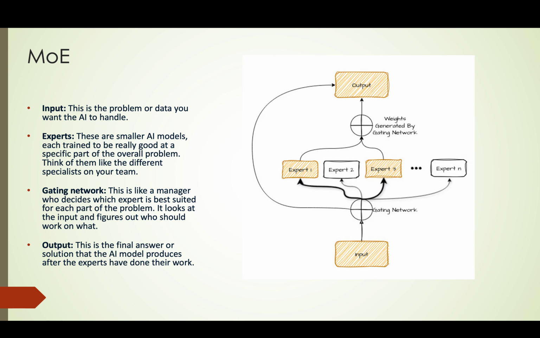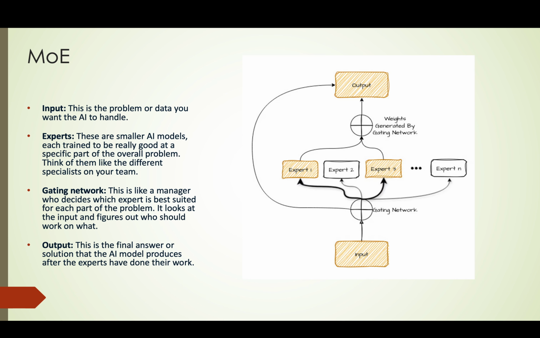Think of them like different specialists on your team. Gating network is like a manager who decides which expert is best suited for each part of the problem. It looks at the input and figures out who should work on what.